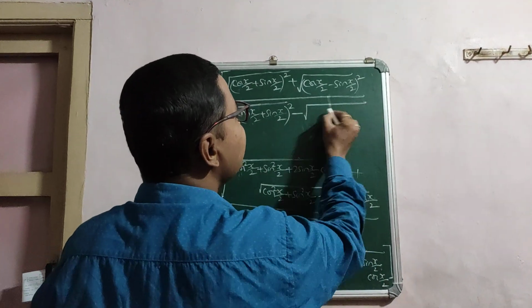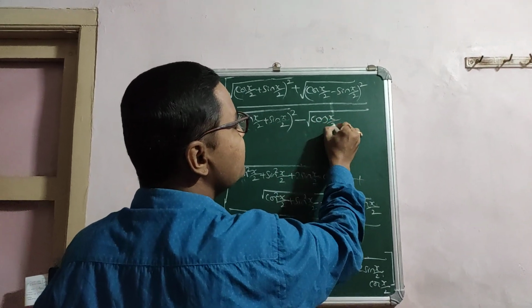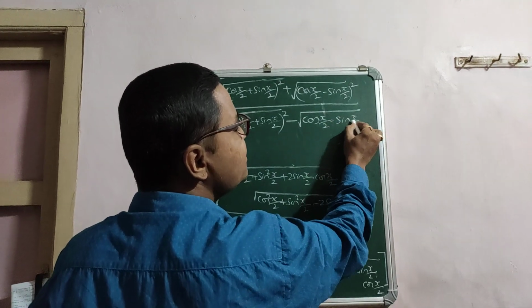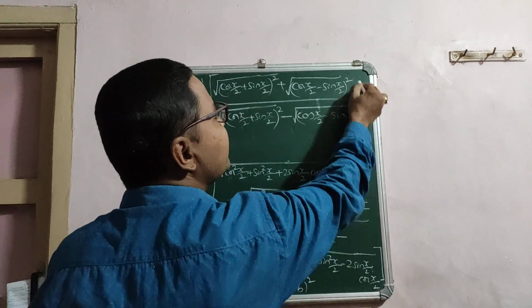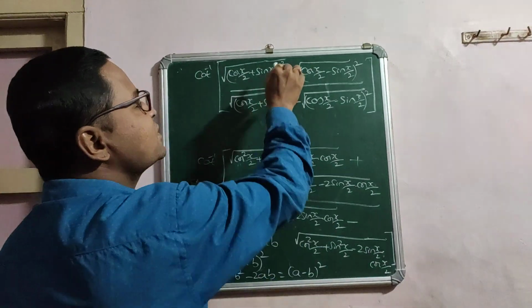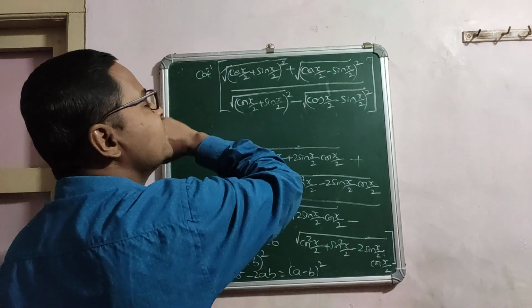This term can be written as cos of x divided by 2 minus sine of x divided by 2 whole square.